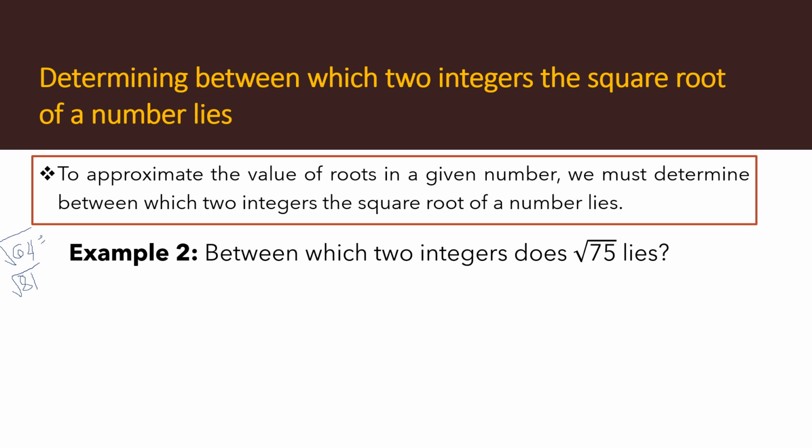The square root of 64 is 8, and the square root of 81 is 9. So the answer here is 8 and 9. We can find 75 between these two numbers, because square root of 75 is greater than square root of 64, but less than square root of 81.